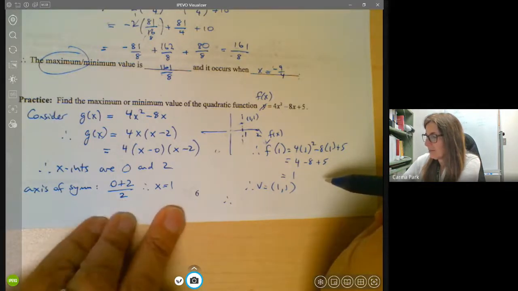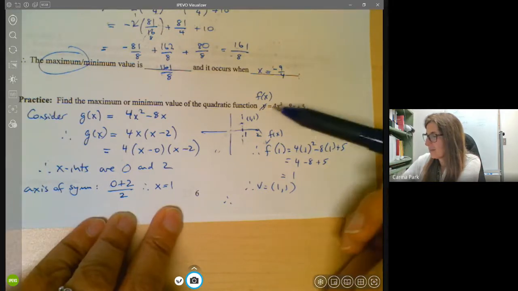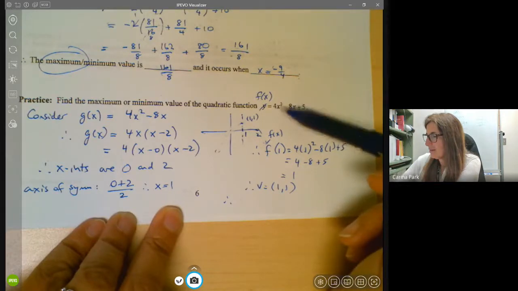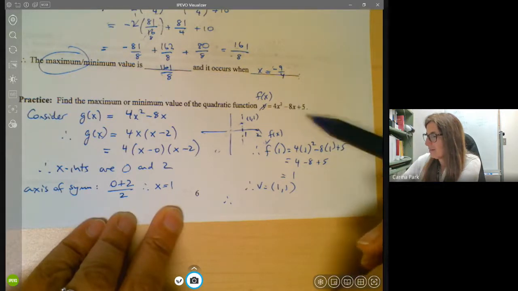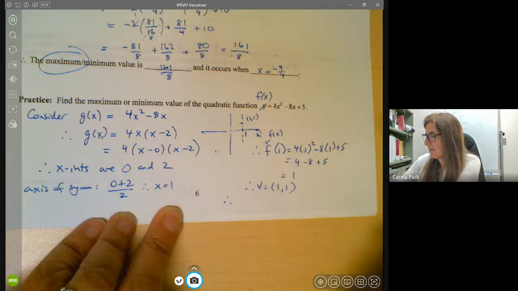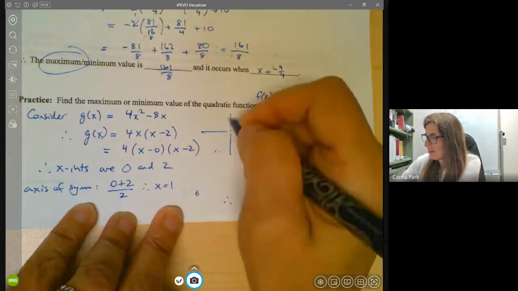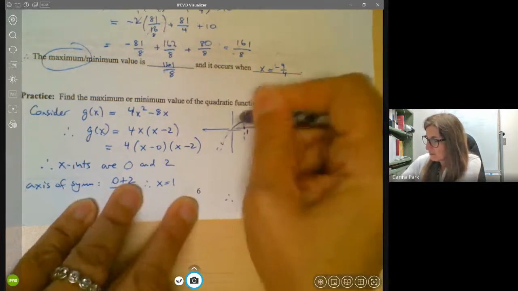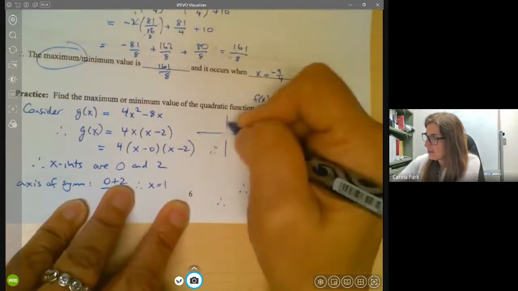But it should open upward. 4 minus 8, 4 plus 1, 5. Oh yeah, of course. There we go. Oh no, it should open upward. It should open upward. Okay, so here's what happened.